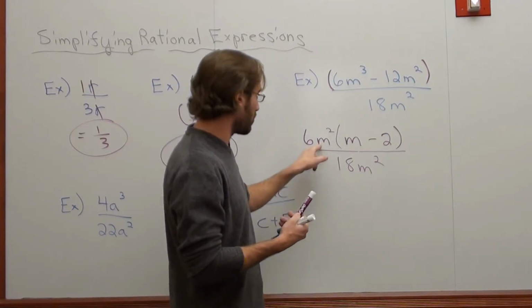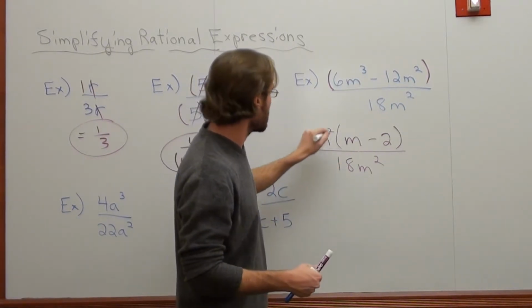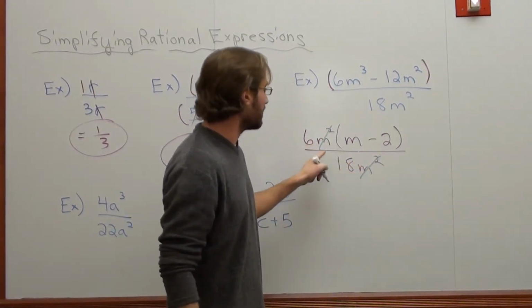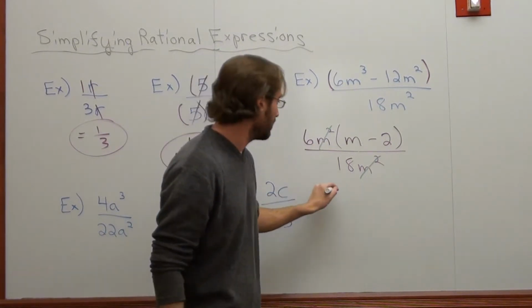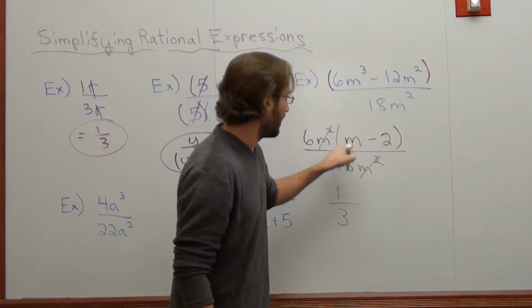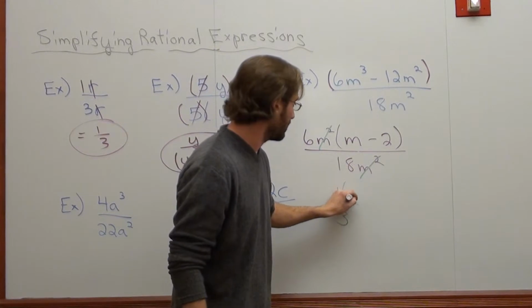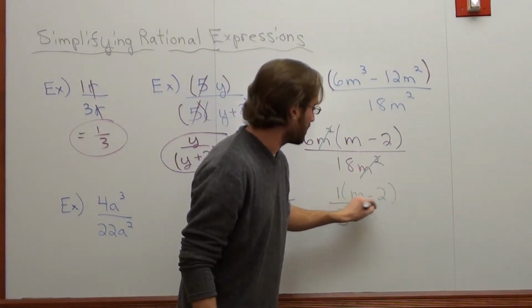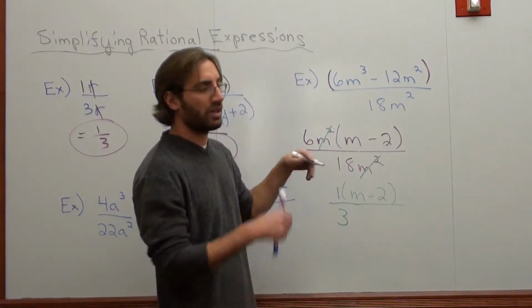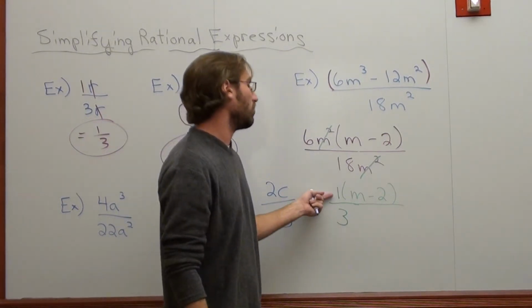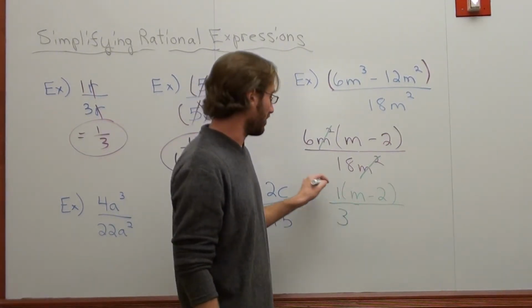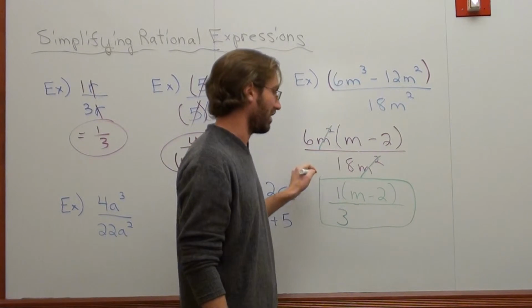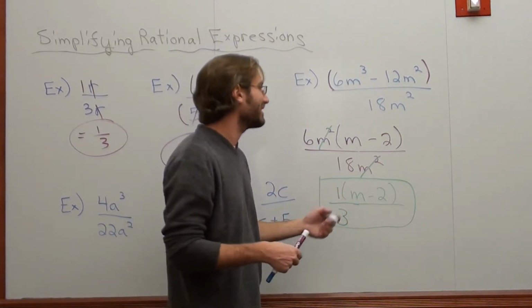So this has m squared, that has m squared. 6 divided by 18 is 1/3. And then I have an m minus 2 left over. And then sometimes students will ask me, do I need 1 and then parentheses m minus 2? You don't need a 1, but I'm not going to mark it wrong. I don't think your teacher would mark it wrong either.